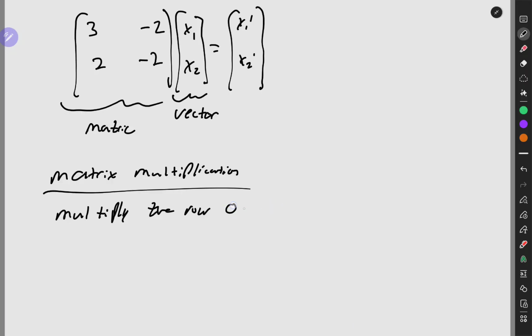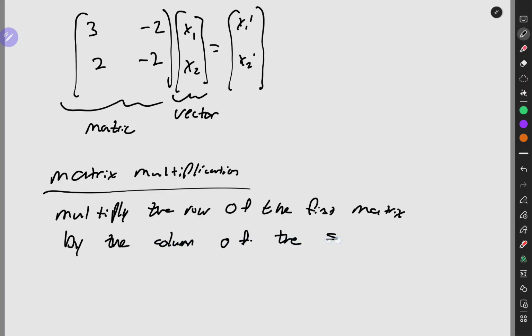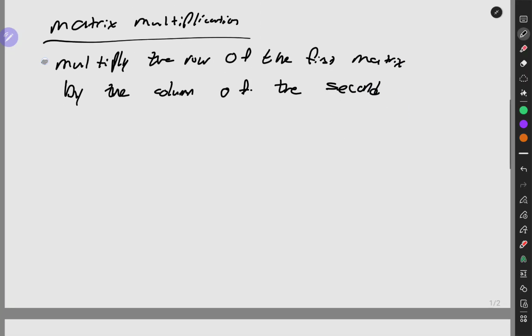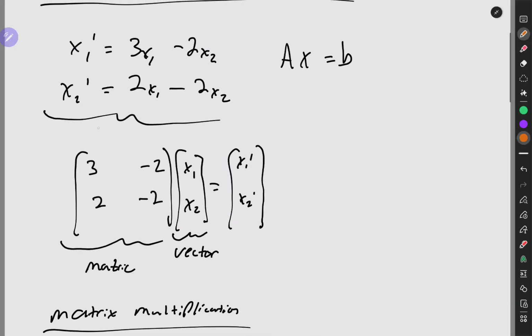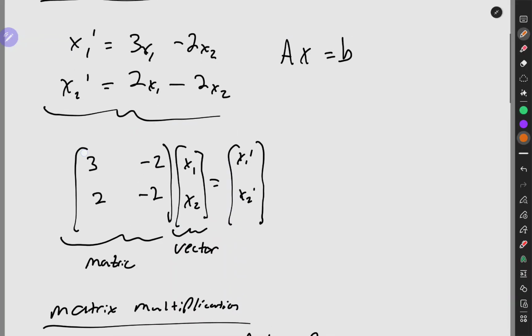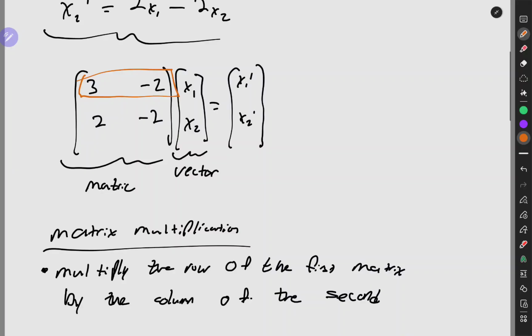So the row of the first matrix by the column of the second. Now, if you look at this one up here, to rewrite this in this form up here, we have to multiply the row of the first matrix by the column of the second matrix.